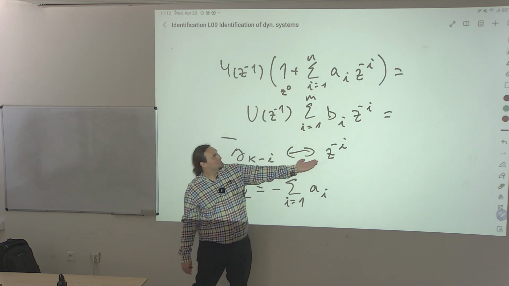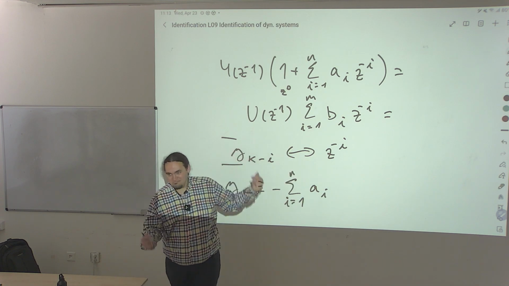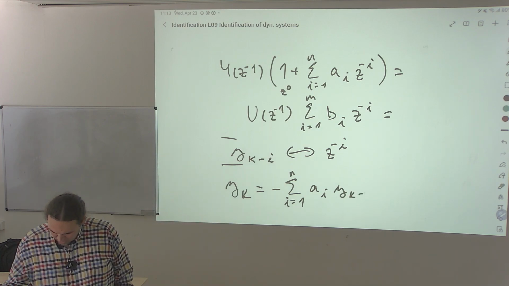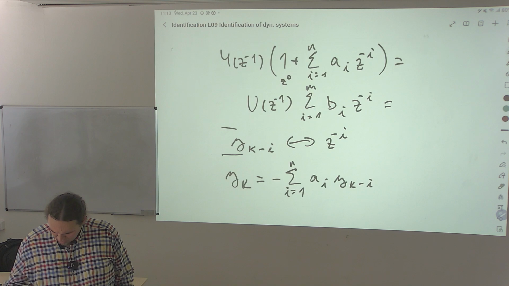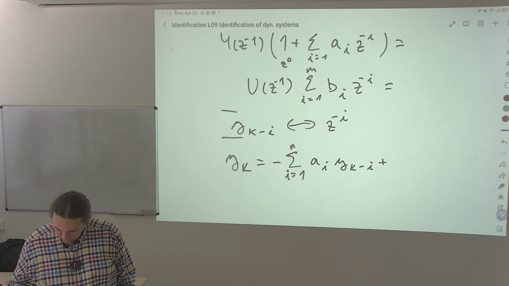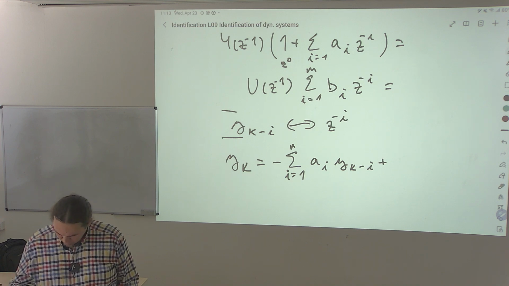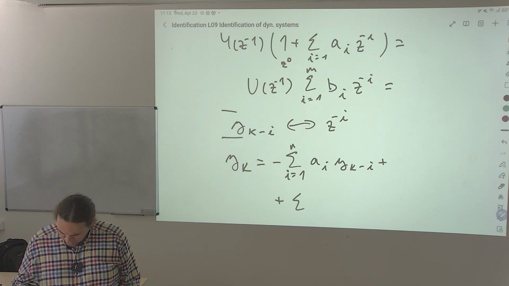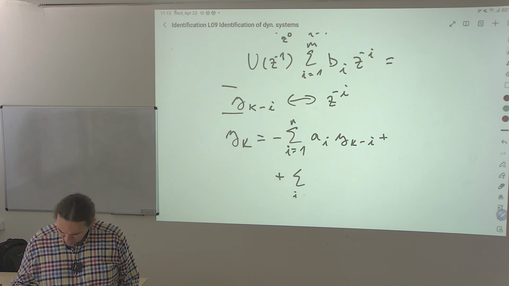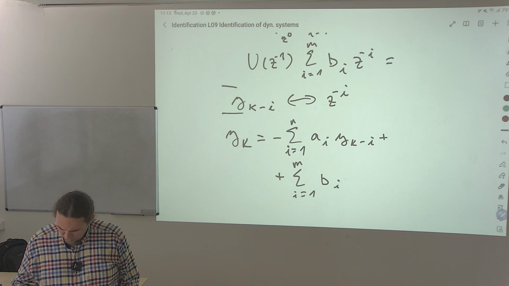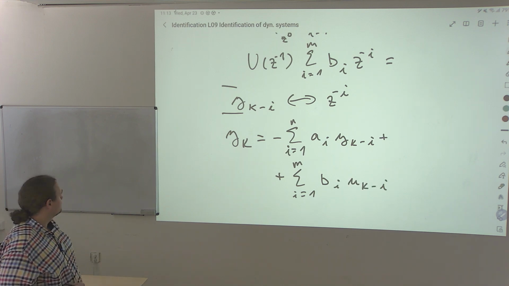We just replace z to the power of minus i by y_k minus i. And here we have our u's. Same story with the u's. So we get the sum from 1 to m of b_i u_(k minus i).